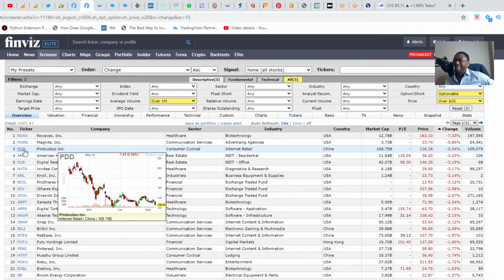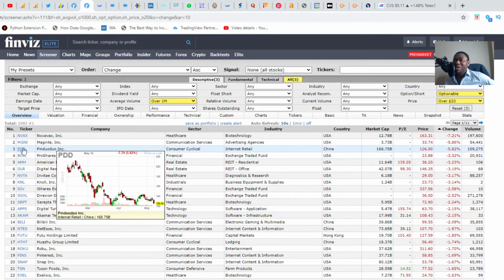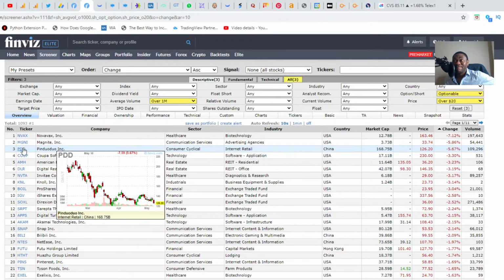So I've been staying away from PDD recently, because it really sucks. The stock has typically been going down for the most part, but a very prominent investor, ARK, has been buying this stock greatly. I don't know. It's trading below 140, which has been resistance for the longest time.